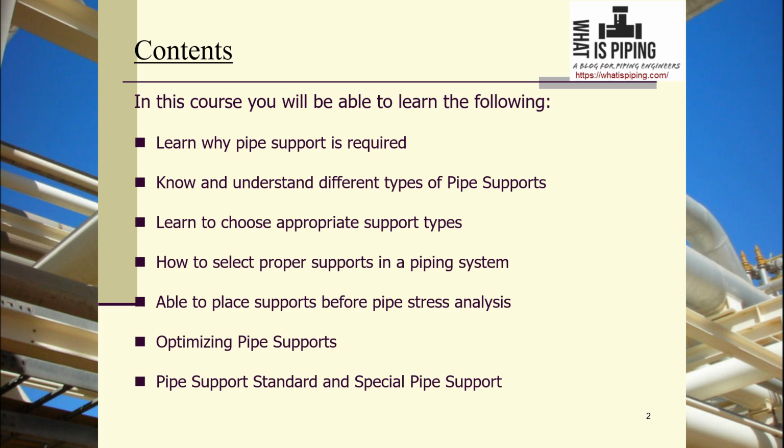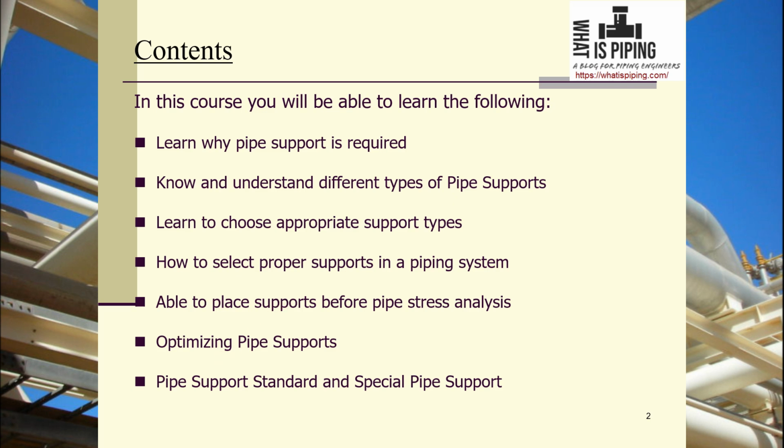So you will be able to decide what kind of support to provide at what location before performing pipe stress analysis. And even for critical lines, though stress engineers provide the type of supports, the initial locations before giving to the piping stress engineers are decided by the piping engineers or piping design engineers. So you will know at what distance a rest support should be provided, at what distance a guide support should be provided, and where we should provide a limit stop support. All those types of philosophies are discussed here.